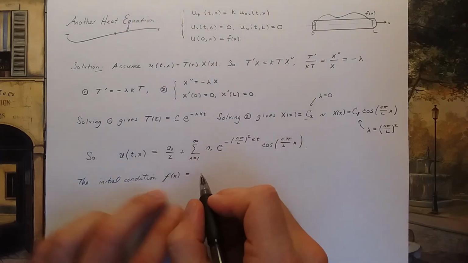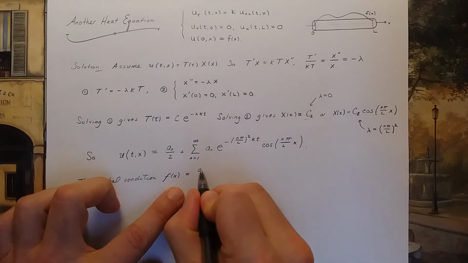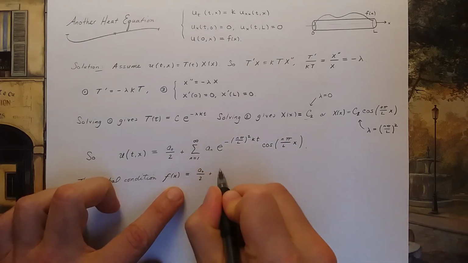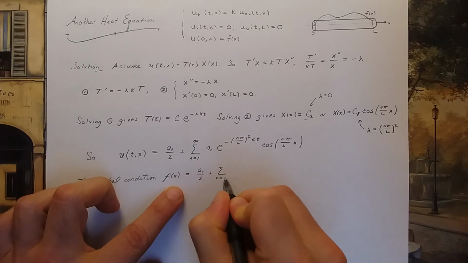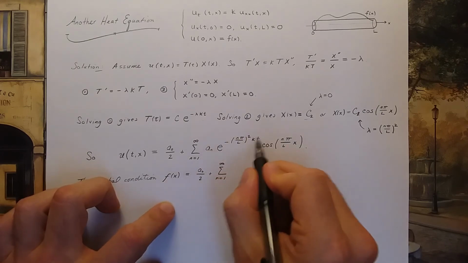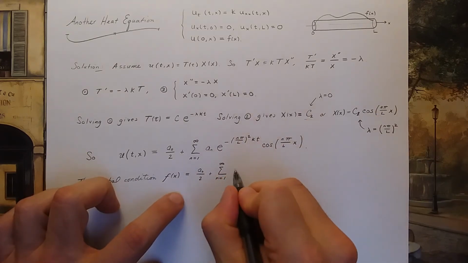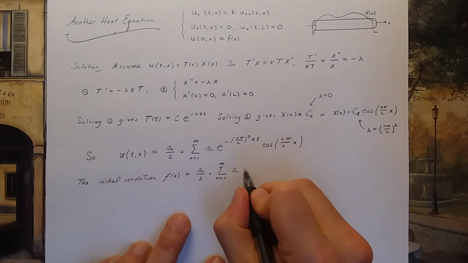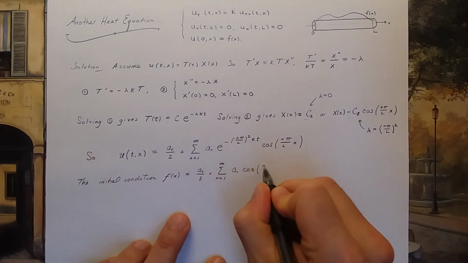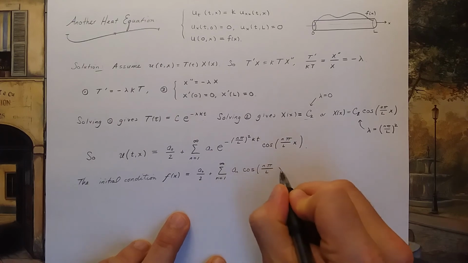So my function f of x is a0 over 2 plus the sum n going from 1 to infinity. Now if I stick in t equals 0, I get e to the 0 power, which is 1, so I get the coefficient an cosine n pi over L x.